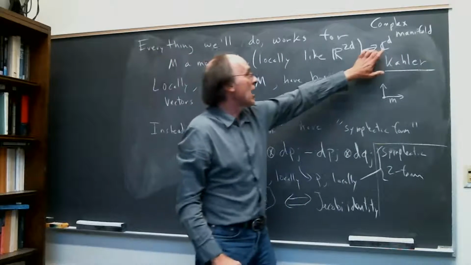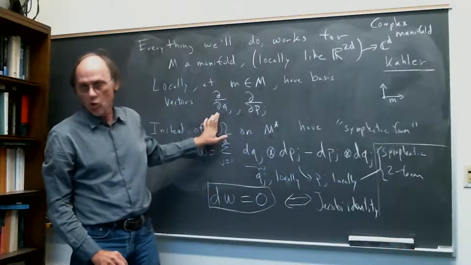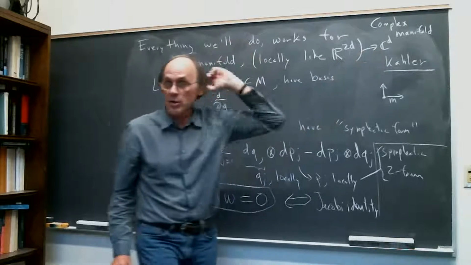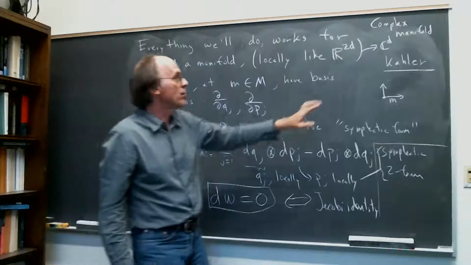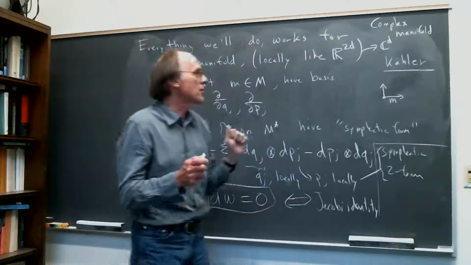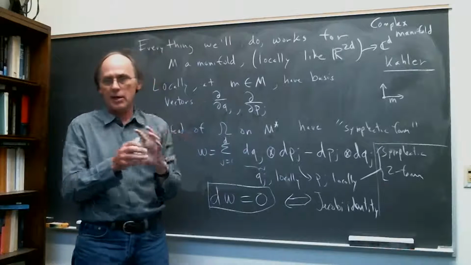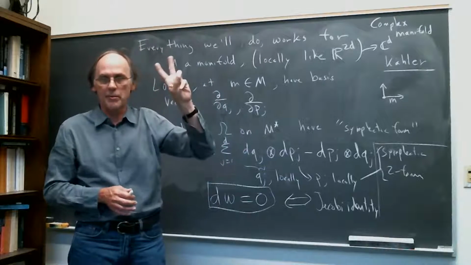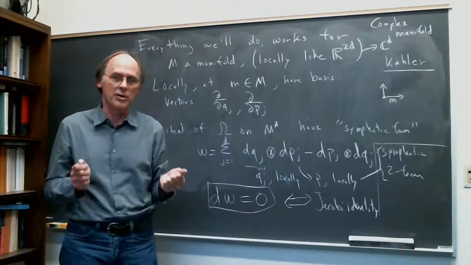So in a complex manifold, instead of having a bunch of real coordinates, you have coordinates that are complex numbers. Now, it's got to be even dimensional, because complex numbers always come in pairs of real numbers. So as a real manifold, it's even dimensional.